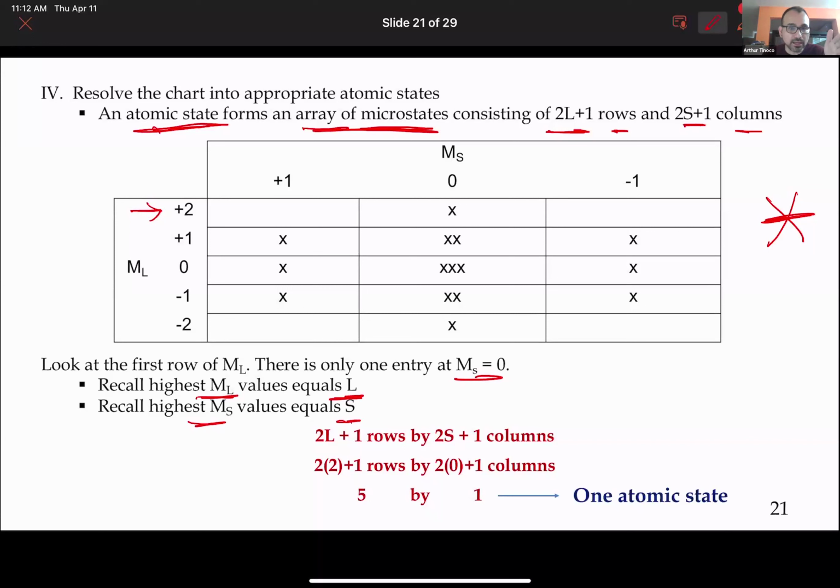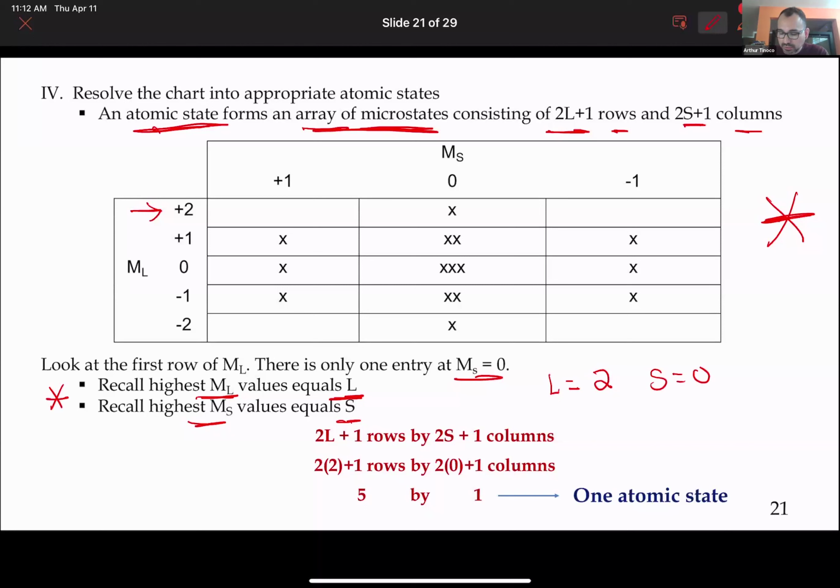So if we only have m sub l of 2 and m sub s of 0, well, that turns out to be that our value of l would be 2, and our value of s would be 0, based on this relationship that I described before.